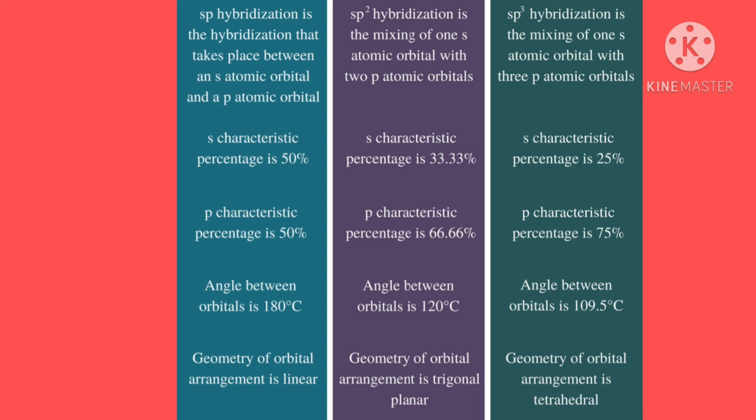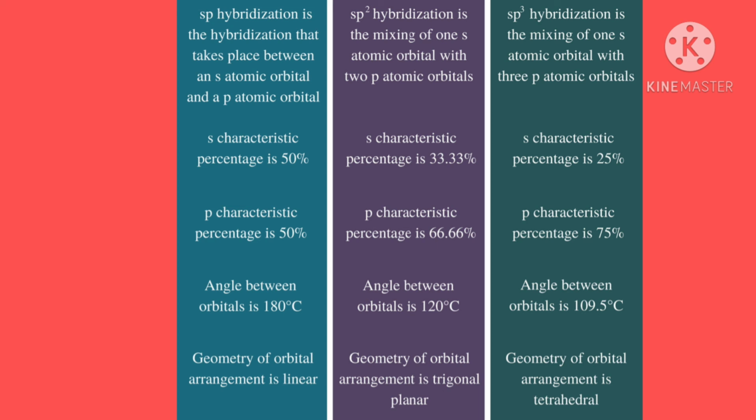In case of sp3, it is the mixing of one s orbital with 3 p atomic orbitals. In sp, the s character percentage is 50%. In sp2, the s character percentage is 33.33%. In sp3, the s character percentage is 25%.